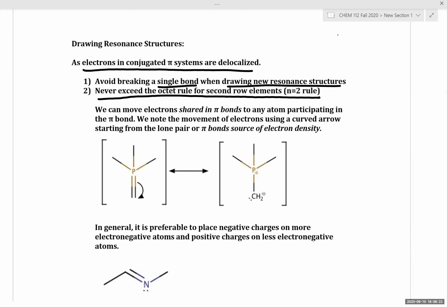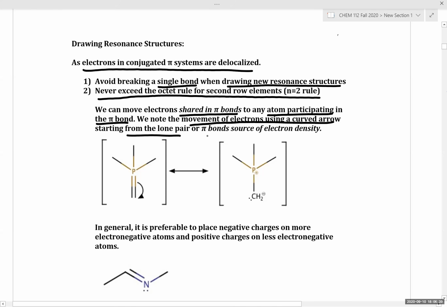Now, one of the actions that we can do when drawing resonance structures is we can move electrons shared in pi bonds to any atom participating in the pi bond. We note the movement of electrons using a curved arrow starting from the lone pair or the pi bond's source of electron density. So for example, in this case, we have a double bond, we draw our arrow, and we've moved our electron density to our carbon.